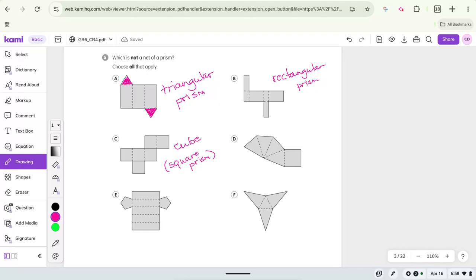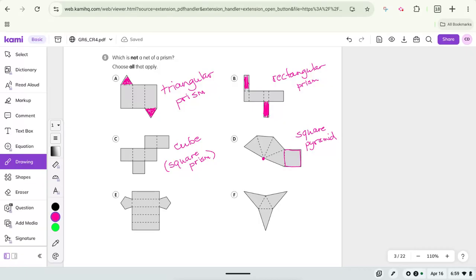Now this next one, D, only has one base. The base is the square. And then around the square, it's going to be surrounded by triangles that all come to this point. Therefore, this is a square pyramid. A pyramid only has one base, not two bases like the prism. So for B, for example, I might call these two rectangles the bases.